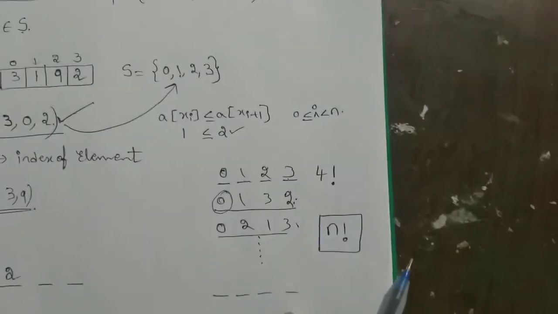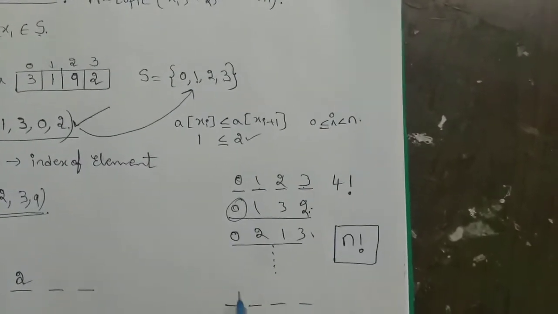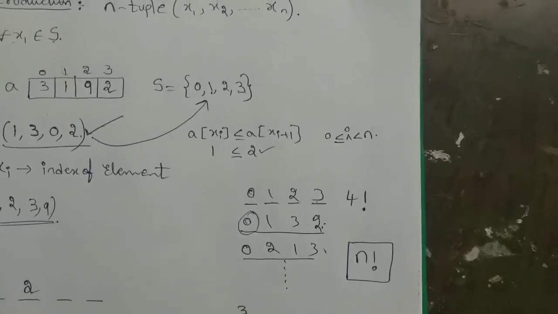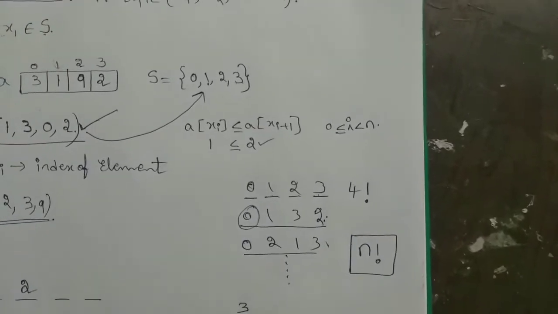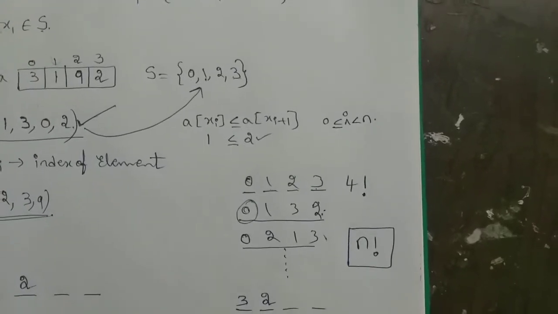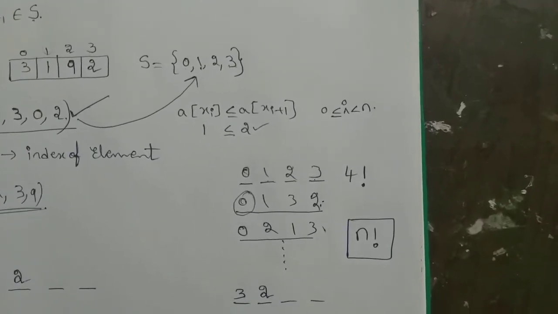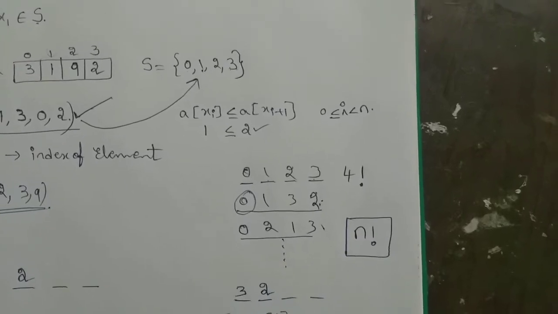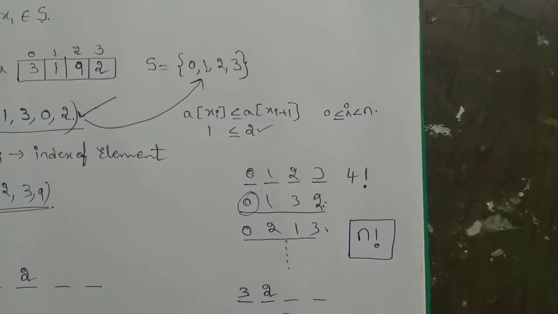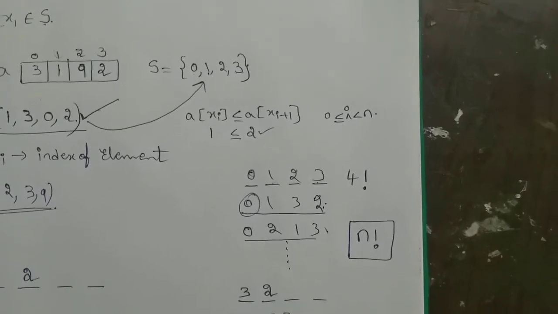If the backtracking algorithm has tried to generate the solution vector like this. First, it has generated the index number 3. Next, it has generated index number 2. Now, a of 3 is less than or equal to a of 2. What is it? A of 3, 2. Is 2 less than 9?